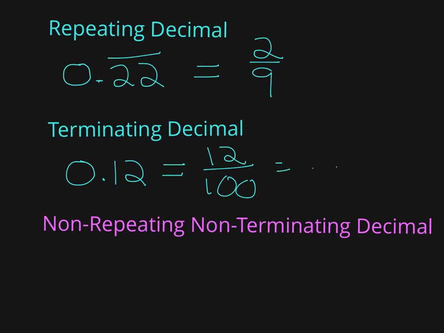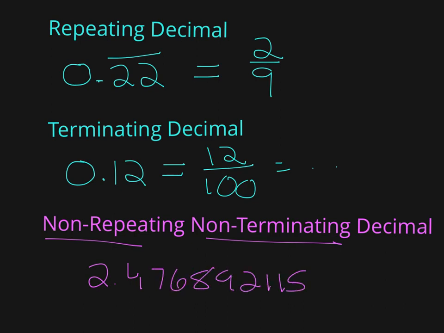Now a non-repeating, non-terminating decimal can't repeat and it never ends: 2.47689211523 dot dot dot. Random numbers. A decimal that goes on and on forever that is not repeating.